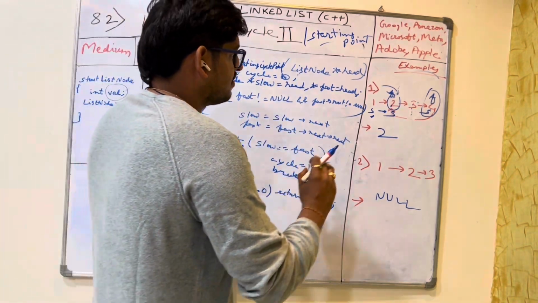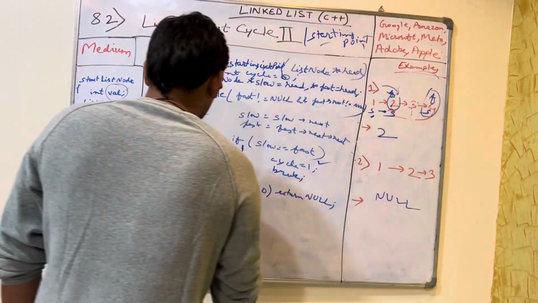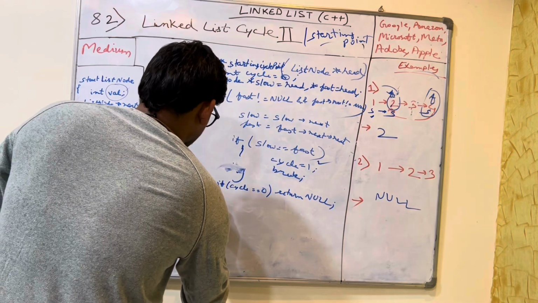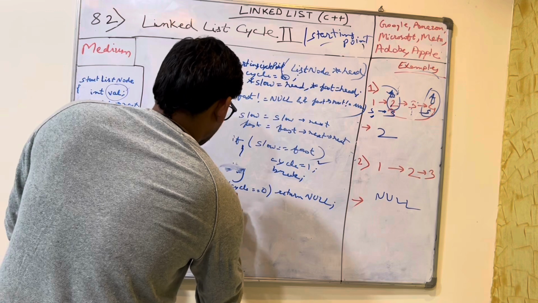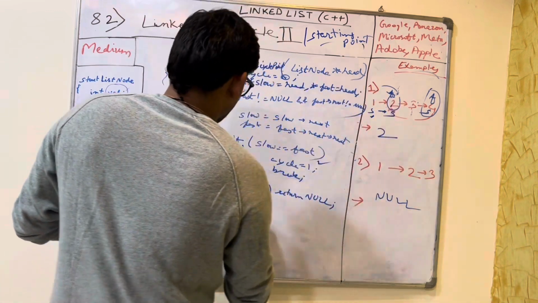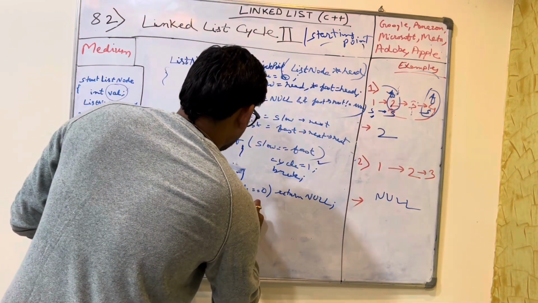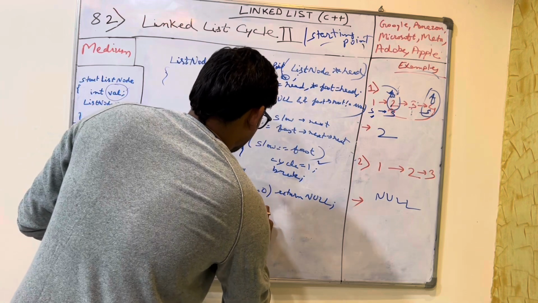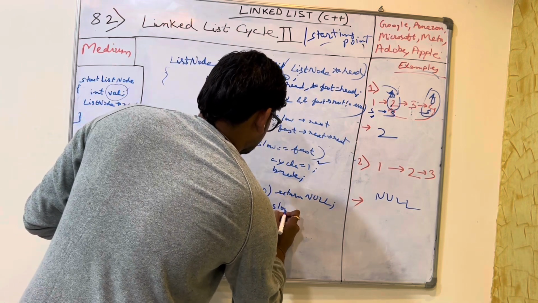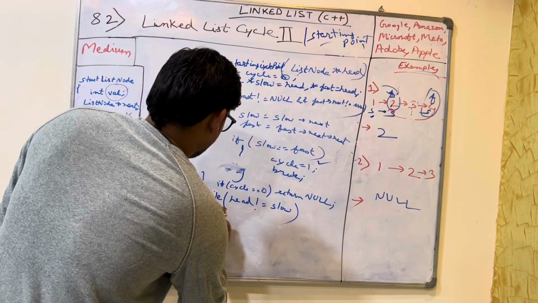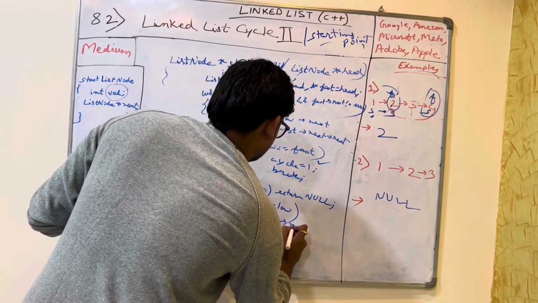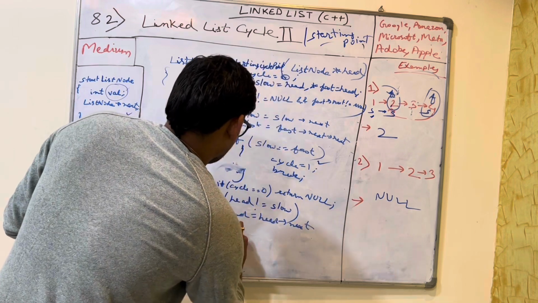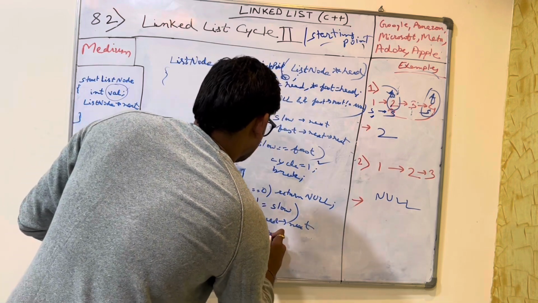The algorithm is, when you find the cycle, then what you do: we have head at the beginning. So while head is not equal to slow, right, we move head is equal to head next and slow is equal to slow next.